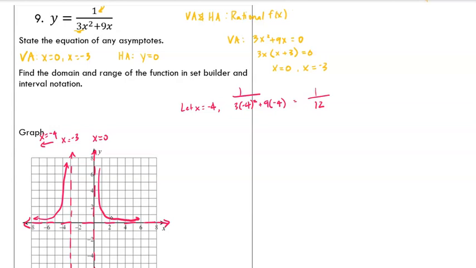So this side is going to be positive too. We can pick x equals 1: 1 over 3 times 1 squared plus 9 times 1, which is 1 over 3 plus 9. Well, what do you know? Those two points are going to be clear symmetrical points.